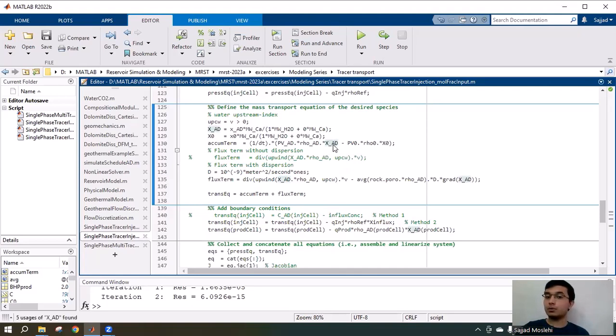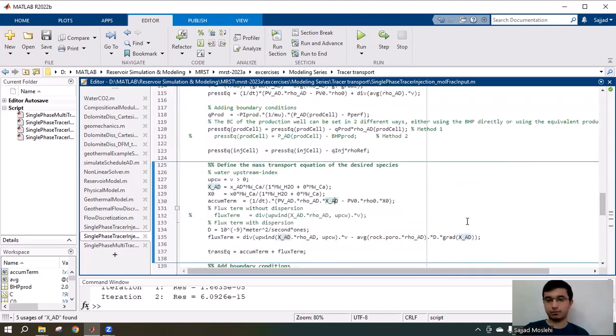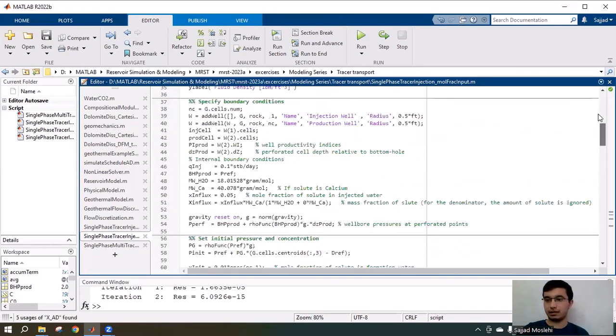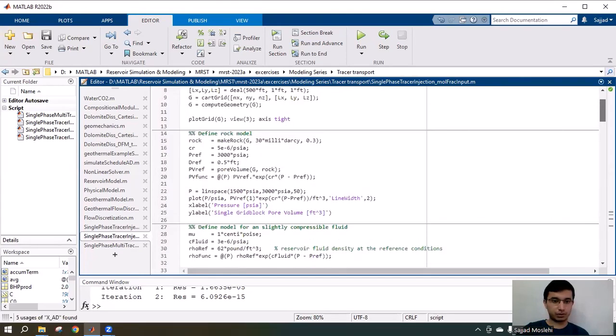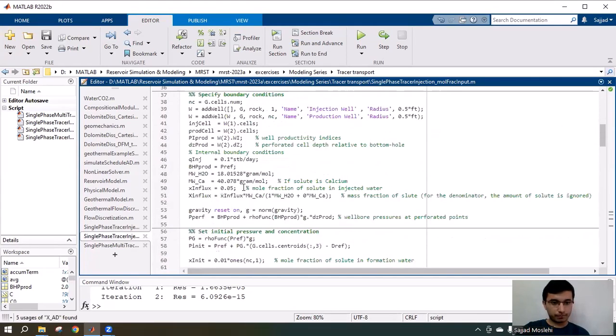But we're not able to use mole fraction here. We have to convert mole fraction to mass fraction to use it here, or here, or here. All of these are mass fractions in the mass transport equations. So I calculated the mass fraction, and for the mass fraction we need the molecular weight of the tracer.